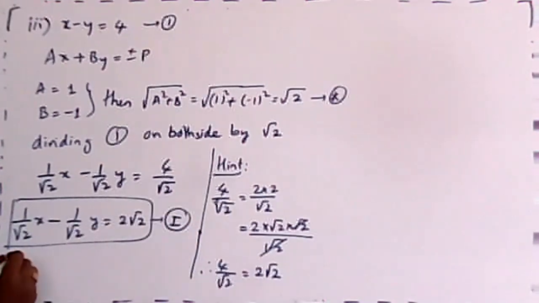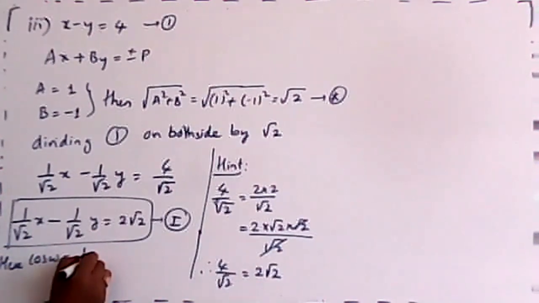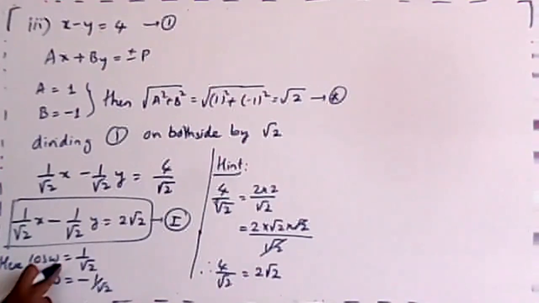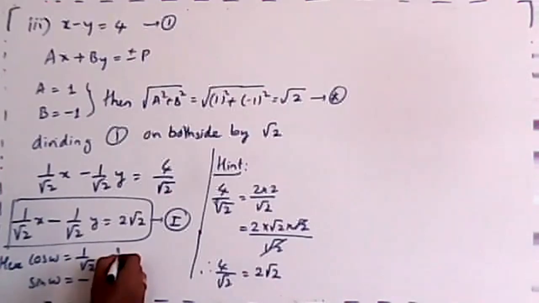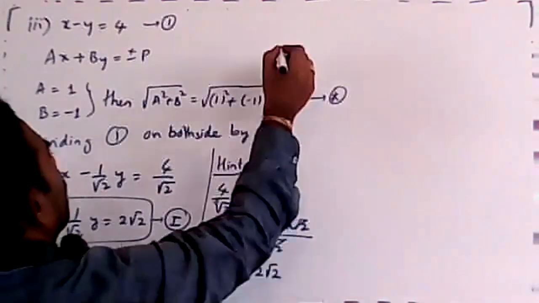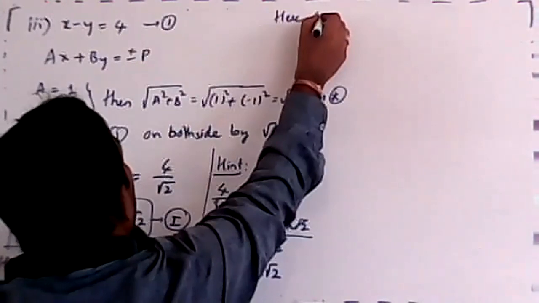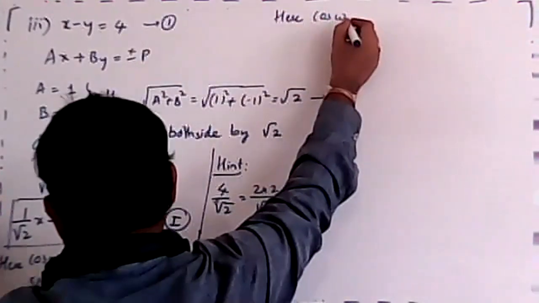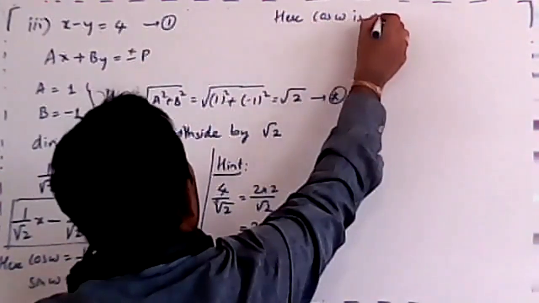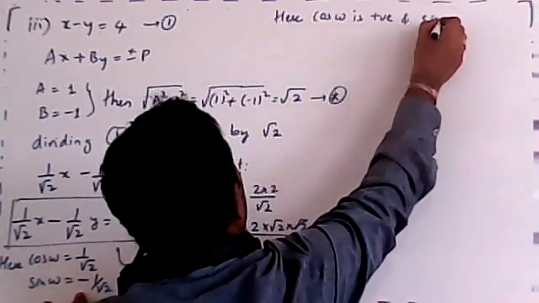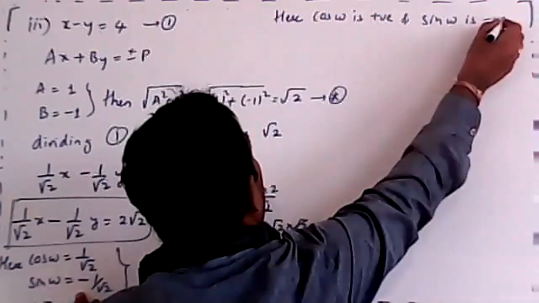So x cos omega, here I write directly, cos omega is equal to 1 by root 2, sin omega is equal to minus 1 by root 2. See now, both are changed. One is positive, the other is negative. Where is it possible? Here cos omega is positive and sin omega is negative.